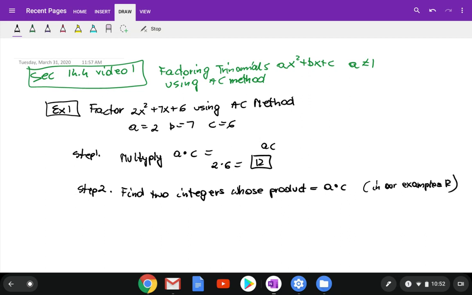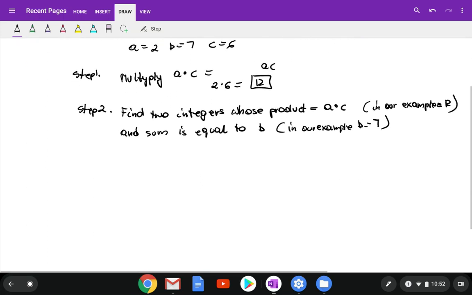And whose sum is equal to coefficient b. Again, in our example, b is equal to 7. Okay, so let's find it the way we did it in section 14.2.